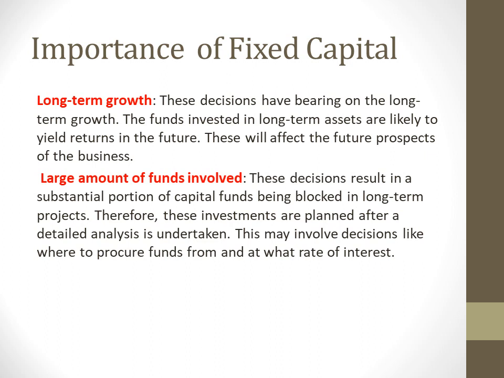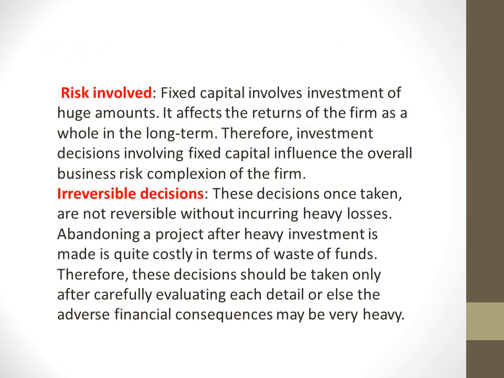Such decisions include from where to get this asset, and if the company decides this is the source from where the fixed asset will be received, then what will be the rate of interest on the loan, or if that asset is being financed from debentures, then what will be the rate of interest. Next one is risk involved.